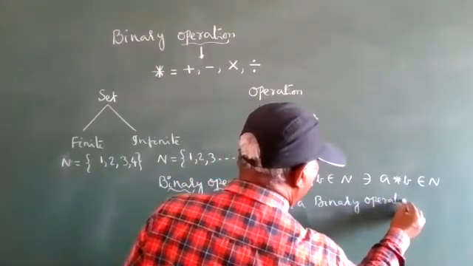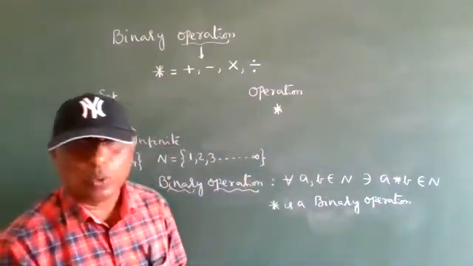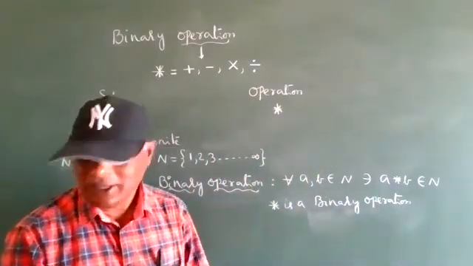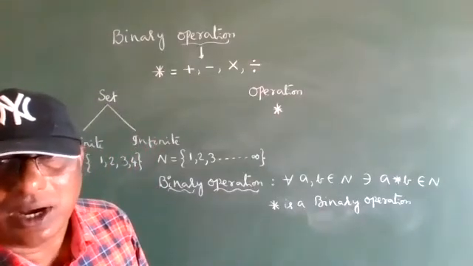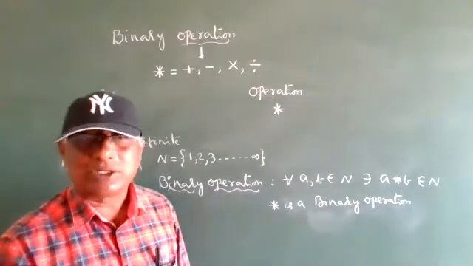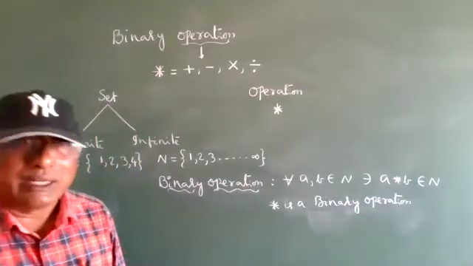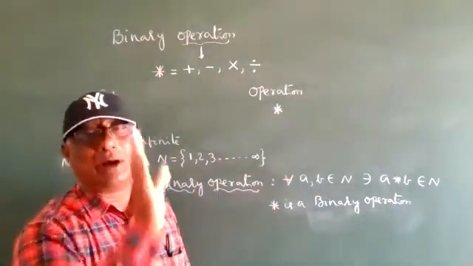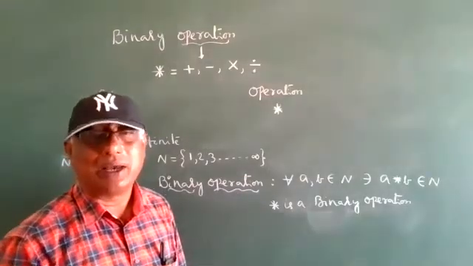Once again, everyone observe: binary operation means we take two elements in the set, and after applying the star operation, A star B, that value also again belongs to the same set, then star is a binary operation.